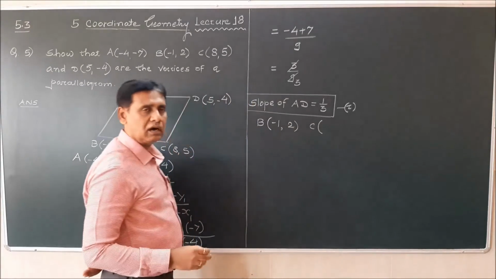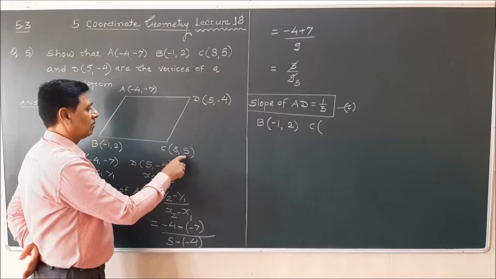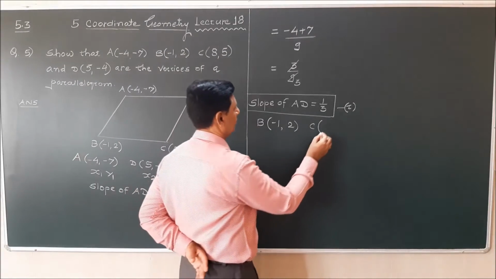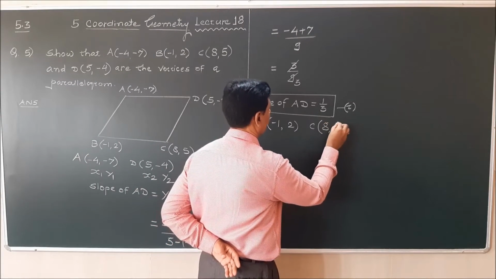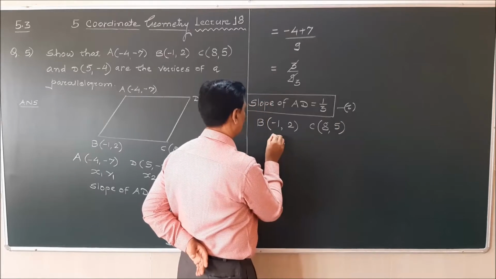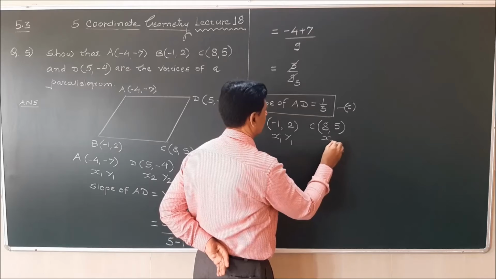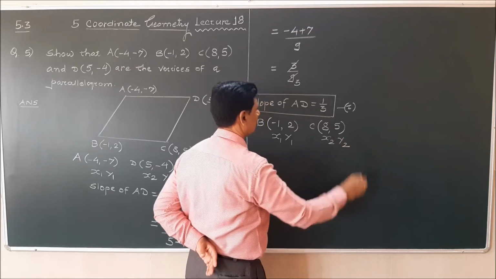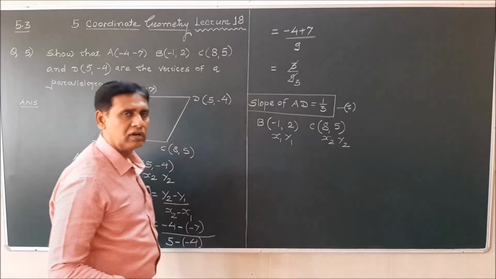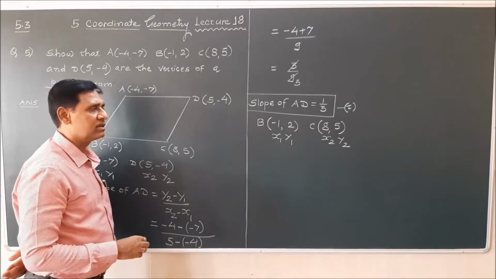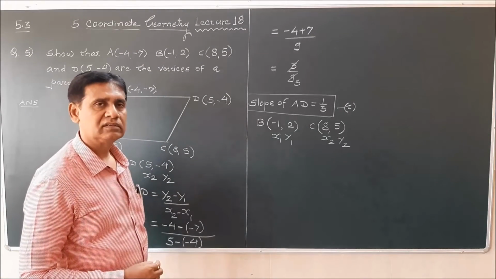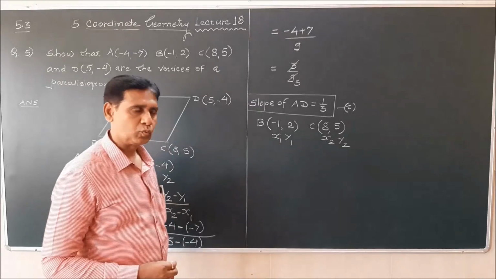Coordinates of C are 8, 5. I will count B as x1 y1 while C as x2 y2. So labeling the coordinates of B and C as x1 y1 and x2 y2.